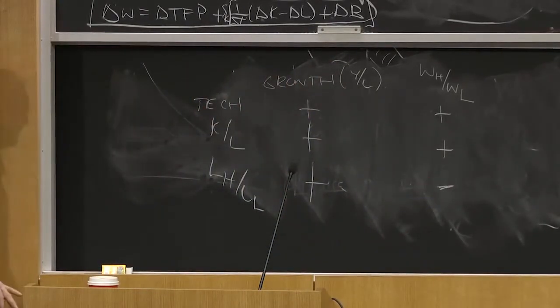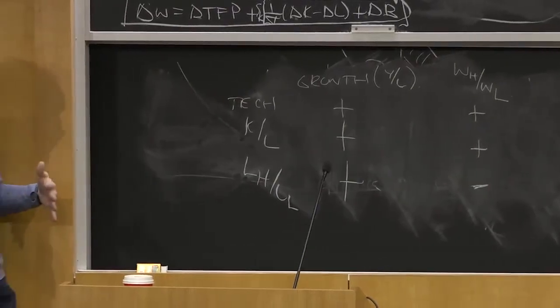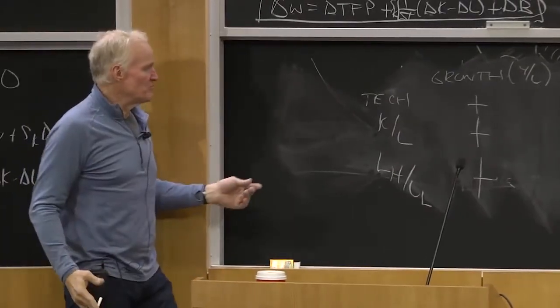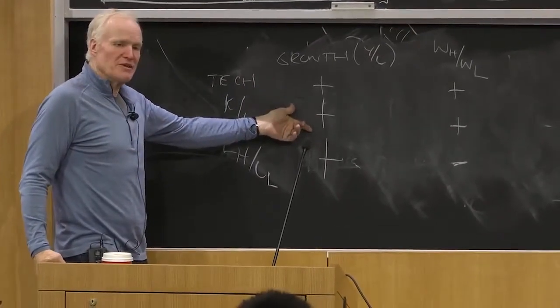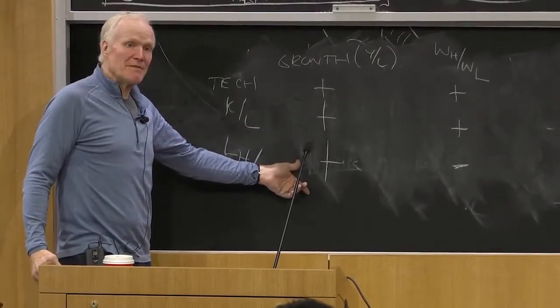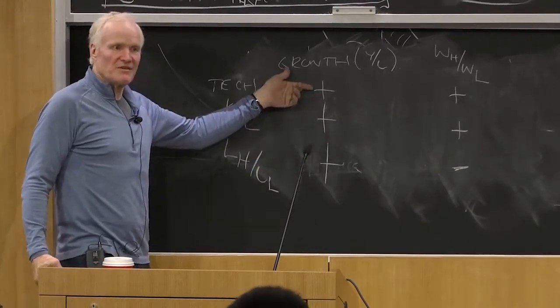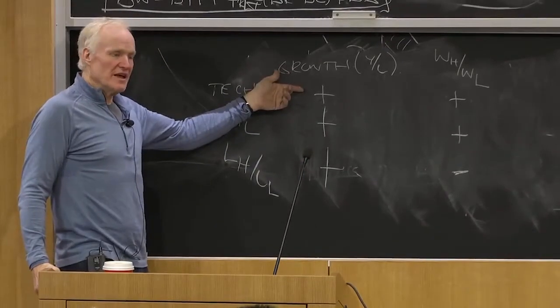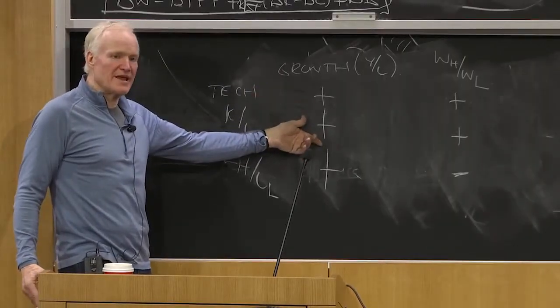Okay? So one way to think about what's been going on over the long term is that we've had better technology, which has induced capital deepening and induced human capital deepening. When you think about that in terms of growth, these just reinforce each other, right? We get a new technology. In response to that new technology, the neoclassical growth model says you're going to add more capital.